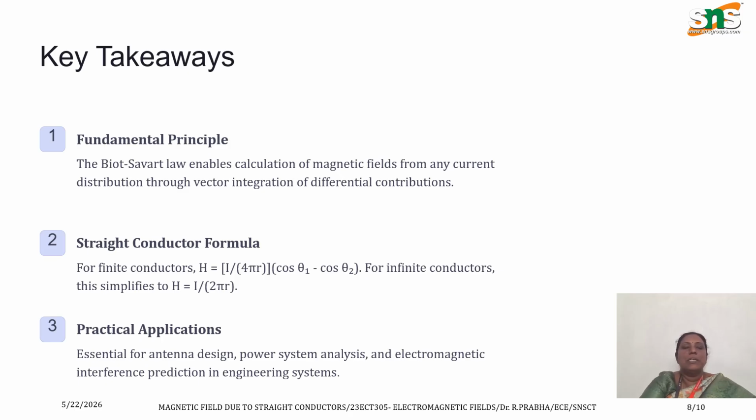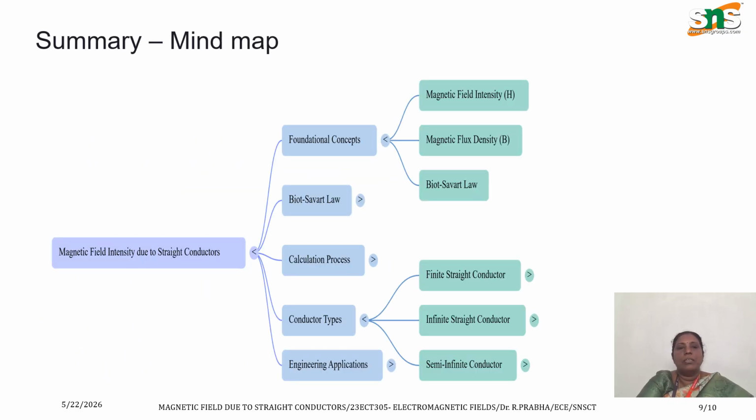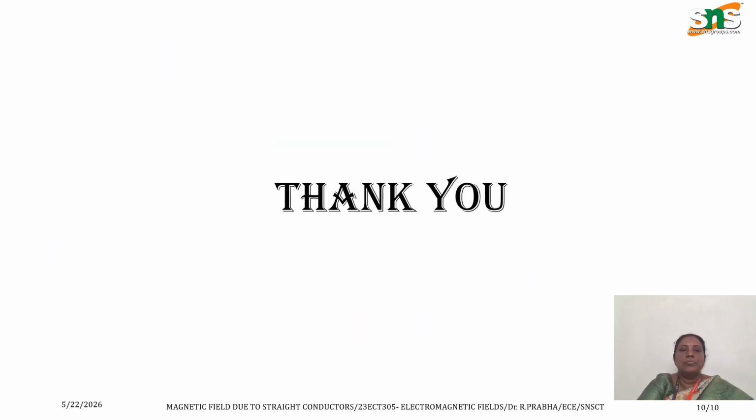The practical applications include antenna design, power system analysis, and electromagnetic interference prediction for engineering systems. In summary, we have discussed magnetic field intensity in a straight conductor, its fundamental concepts, Biot-Savart's law, the calculation process, the various types and engineering applications. We have discussed all these calculations by using design thinking stages. Thank you.